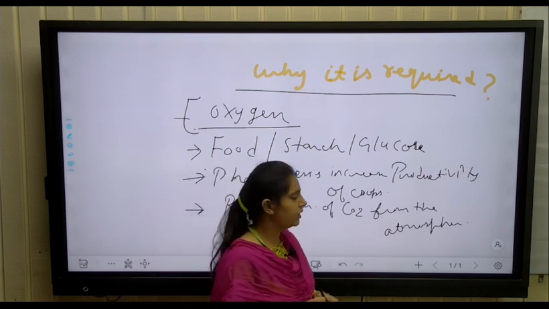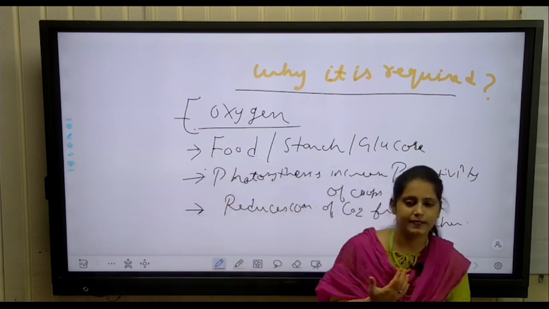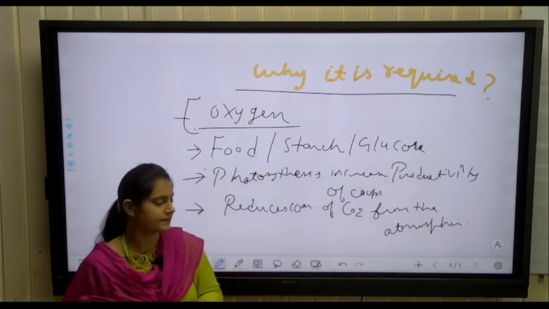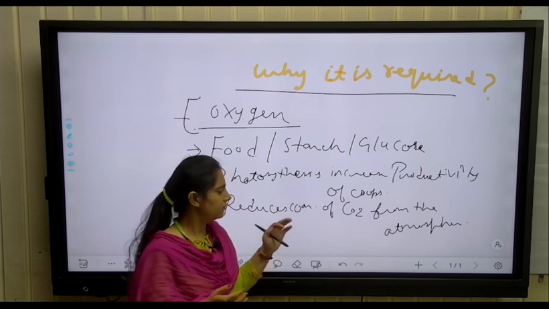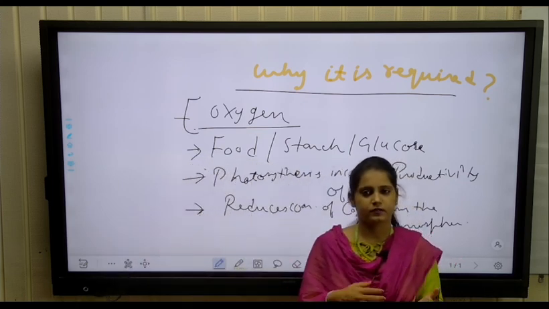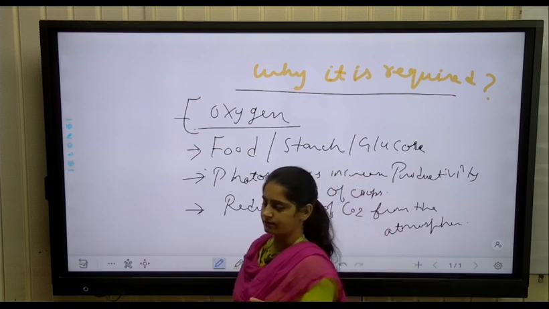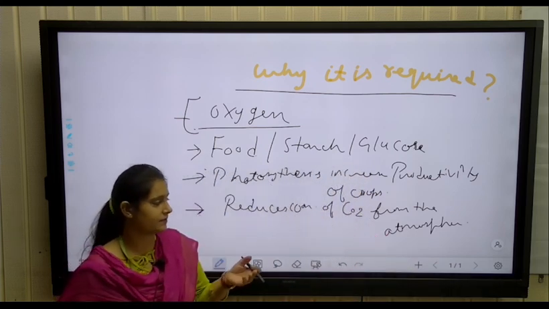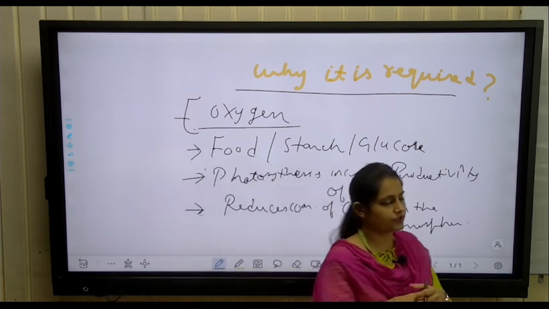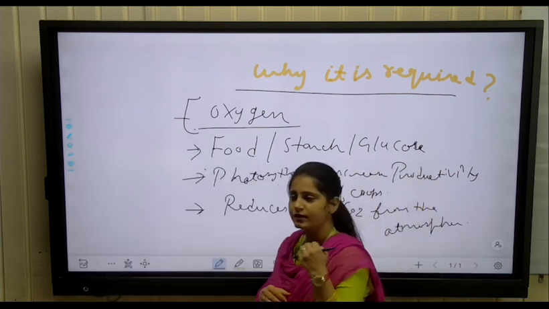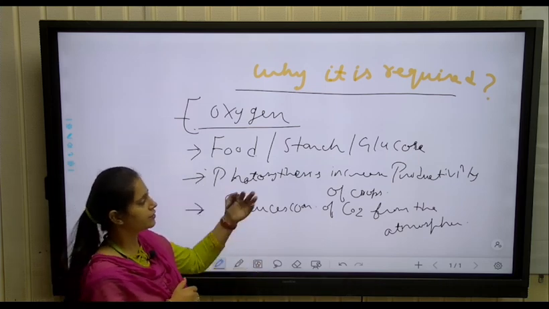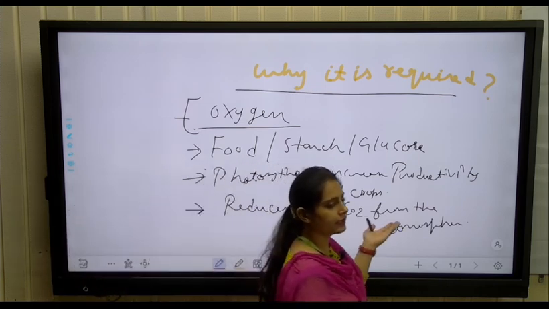If CO2 accumulates in the atmosphere and is not used in photosynthesis, it will cause global warming, and breathing of CO2 also causes death of many organisms. So CO2 concentration is also maintained by using that CO2 during photosynthesis for the conversion of CO2 to carbohydrates.